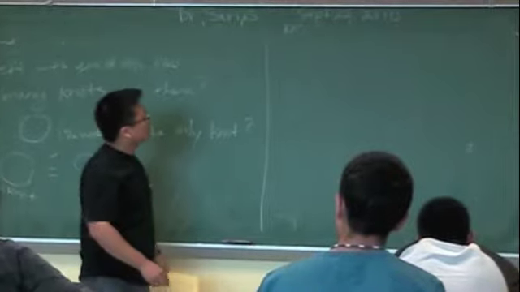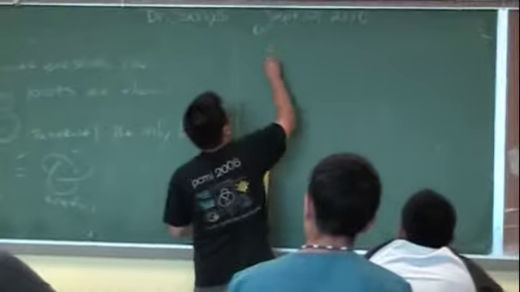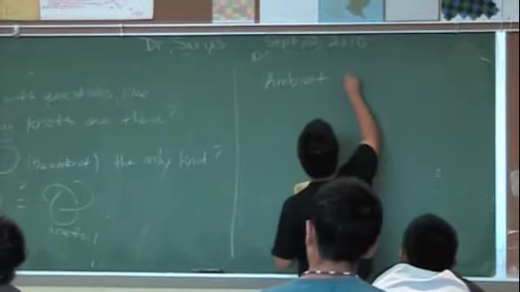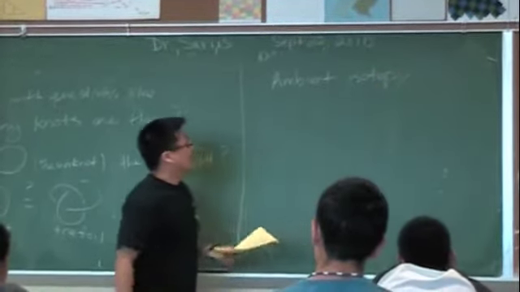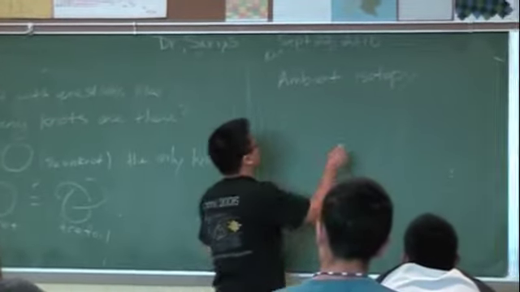We're not going to in this course. I think you have a basic idea, we've been talking about it, but the term is ambient isotopy. This is the type of deformation allowed.